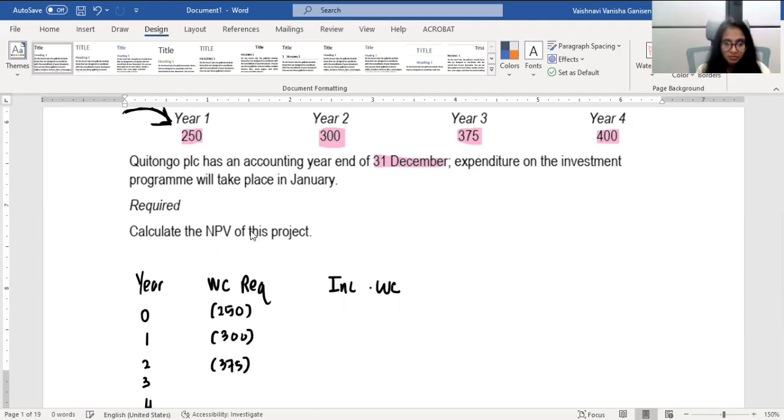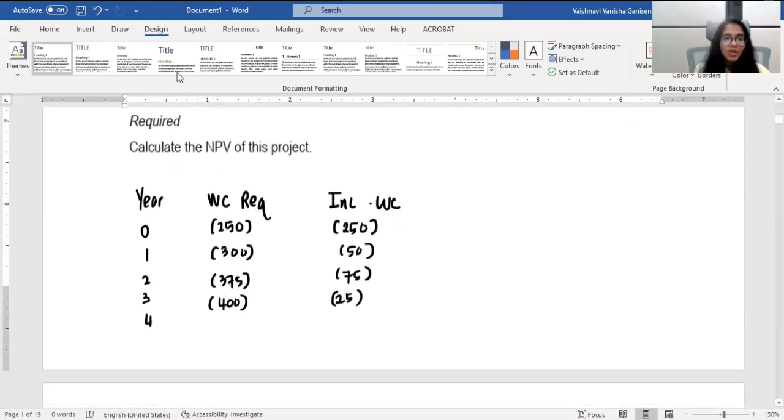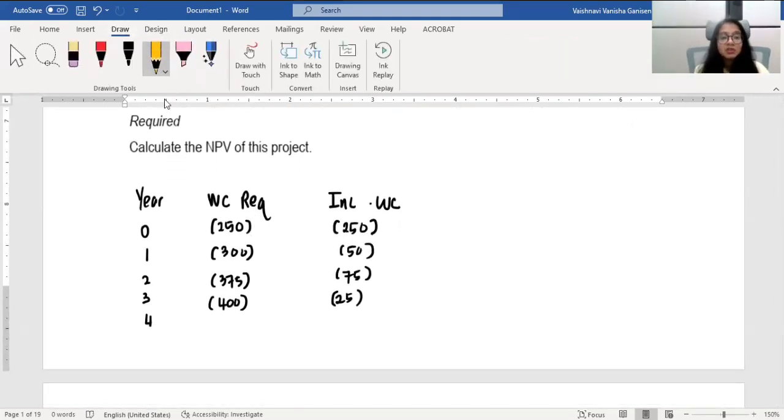And so on. 1, 2, 3, 400. Okay. Now, guys, so here, incremental is 250, 50, 75, 25.